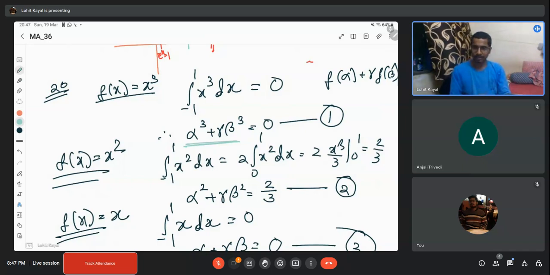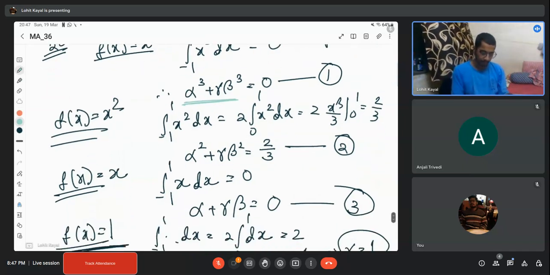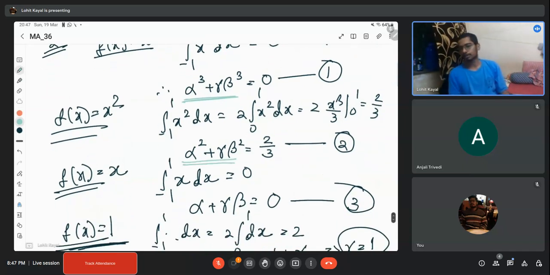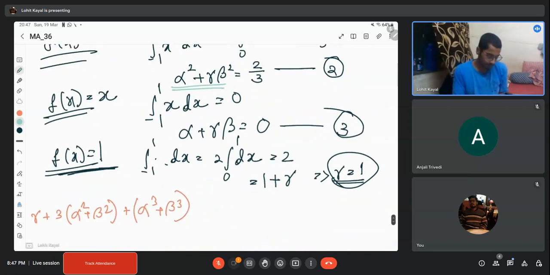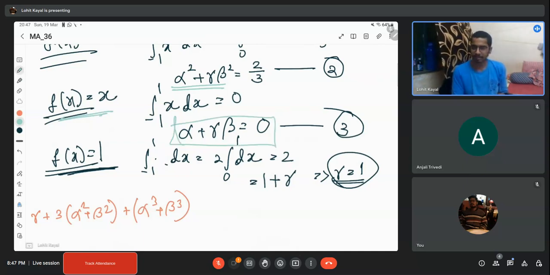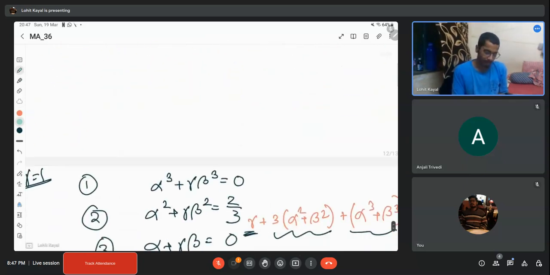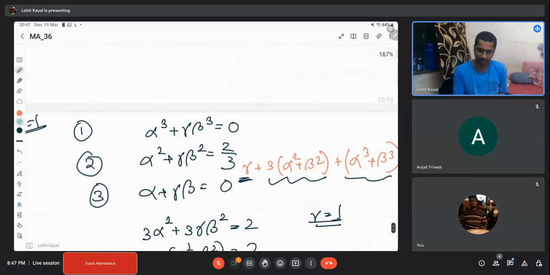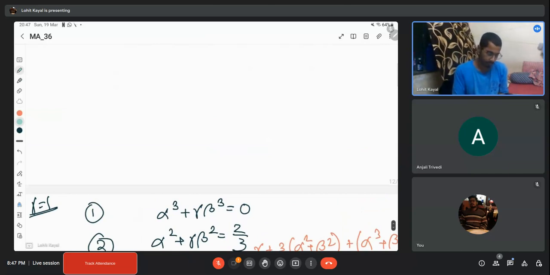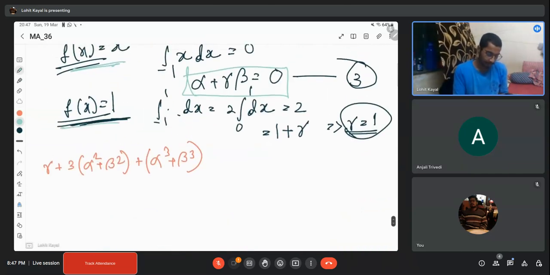The second choice is f(x) equal to x square, and it is giving me alpha square plus gamma beta square equal to 2 by 3. And the third choice is f(x) equal to 1. This is actually not necessary in this question because there is no alpha plus beta expression. I can always have alpha plus beta, and it will be again 0. No problem. But I need this equation because this equation is making my job simple.